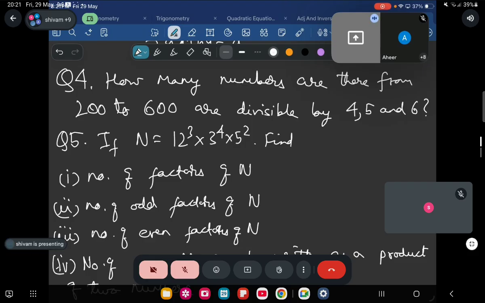Yes, here number 4 is correct. Abhipshita, parts 1, 2 and 3 of 5 are correct. Ramadip, 4 is correct. 5 part 1 is also correct.